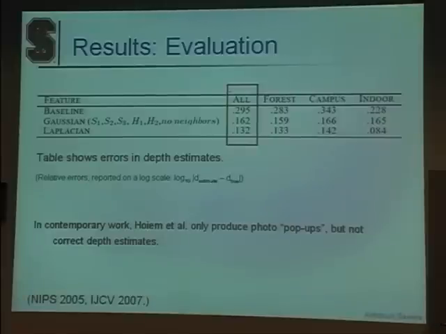So what we want to emphasize here are the log errors in depth. So here we show the baseline is 0.295, and our best model gives an error of 0.132, which corresponds to an error of roughly 27% in the depth map, which means if something is at 100 meters, roughly the error will be mostly between 75 to 130 meters most of the time.